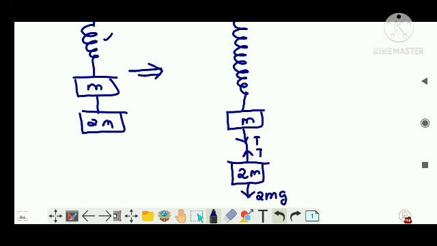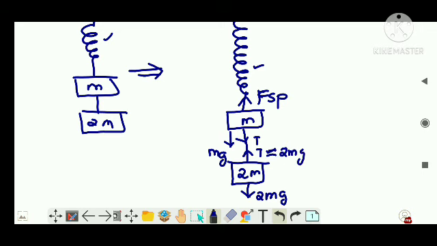Now this m will be exerting a force, or weight, mg. And here, in the spring, the pulling is done by the force downwards, the total force is downwards. So FSP will be in this direction, clear? So what all can be written about FSP? See, here, let's say T. Just look at 2m. What will be the value of T? T will be 2mg.